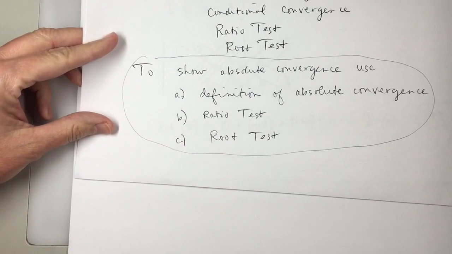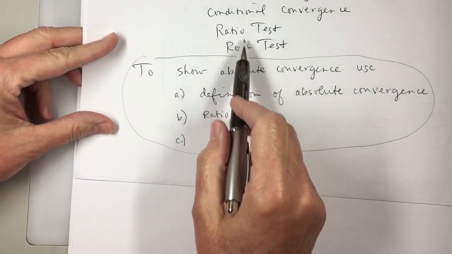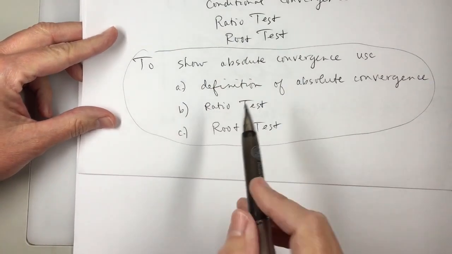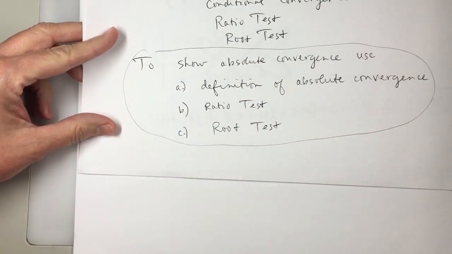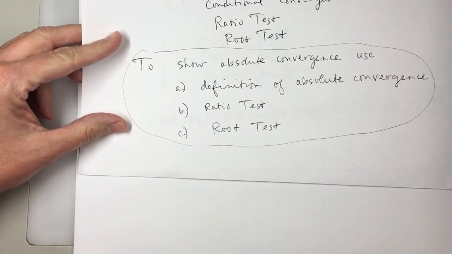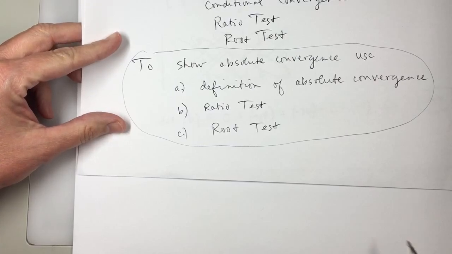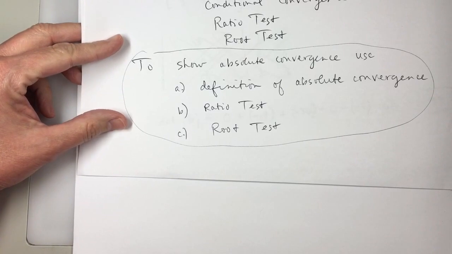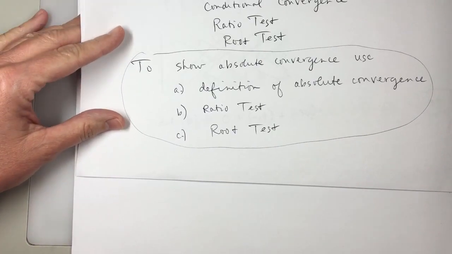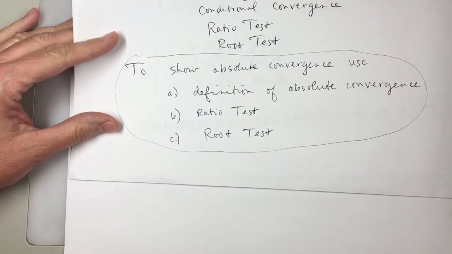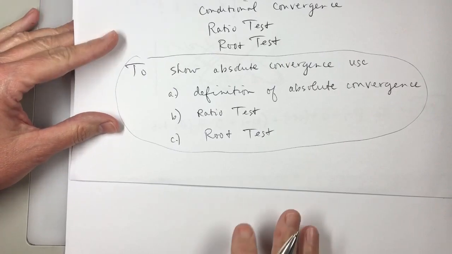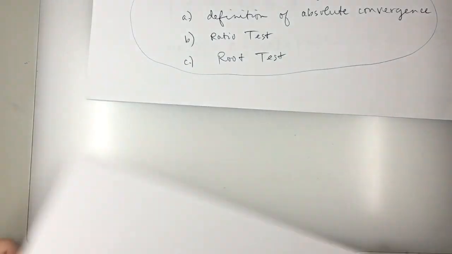Now, if the problem says, does the series converge, can I use the ratio test? Yes, because while the ratio test shows absolute convergence, if a series converges absolutely, well, it converges. Okay, so make sure you take a look at that.